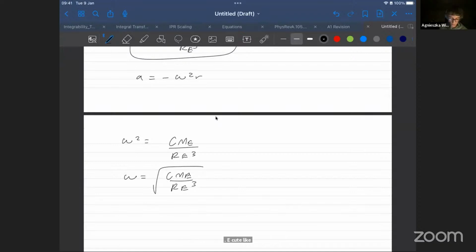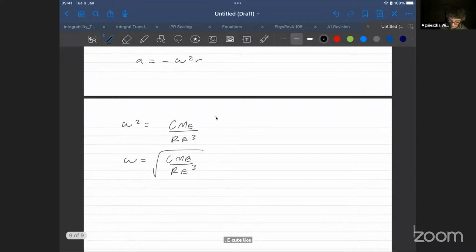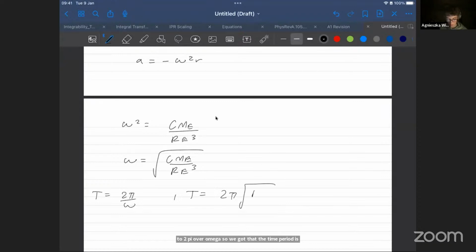That is going to be the frequency of our motion. And we know that the time period is equal to 2 pi over omega. So we got that the time period is equal to 2 pi times the square root of R_e cubed over G M_e.